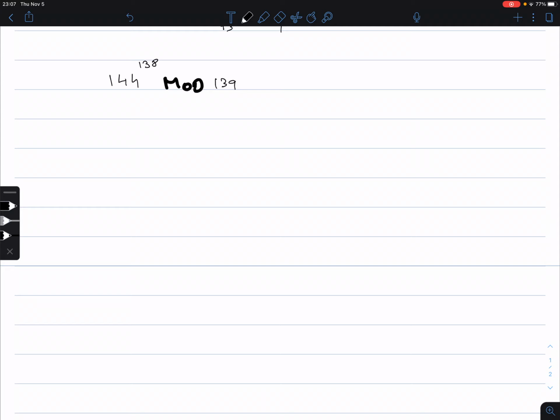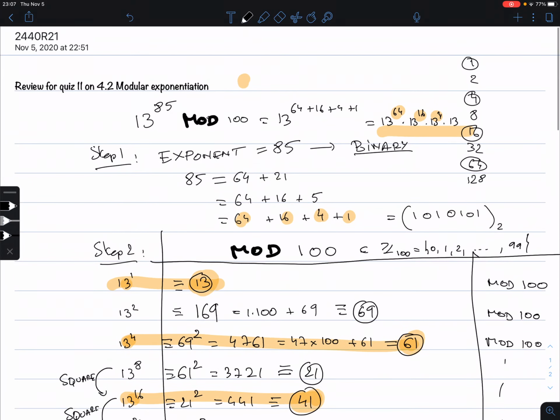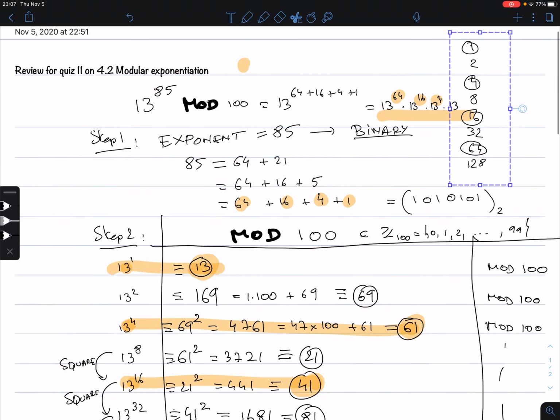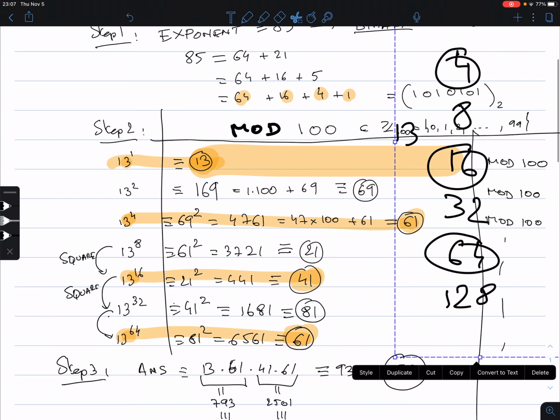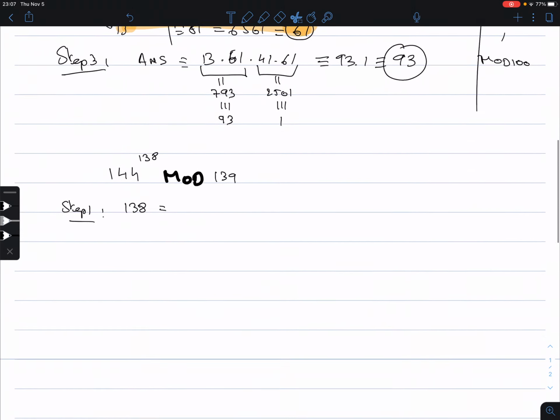Okay, so step 1, we have to write 138 as a sum of powers of 2. Let me write them again.